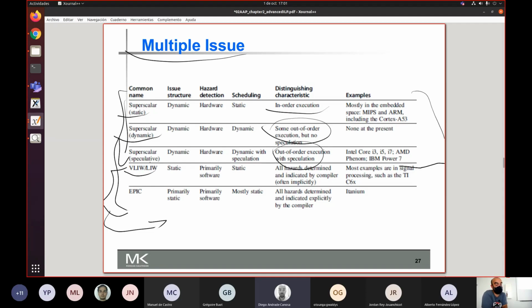And EPIC was the architecture behind the Itanium processor, which was very popular in 2004, more or less. This is very relevant because this was the processor used in the Finisterrae 1 computer. Not the Finisterrae 2, that is the one that we have today, but the previous version.